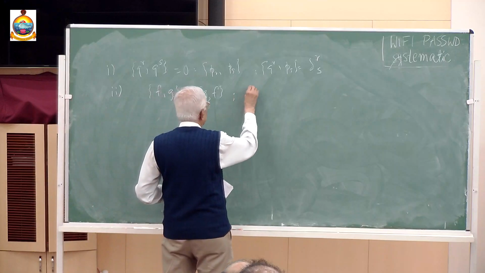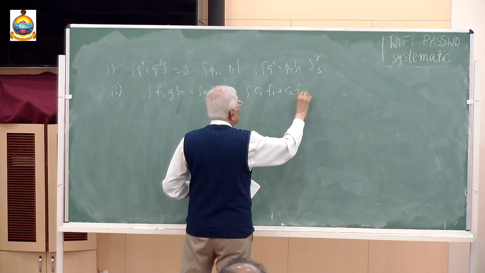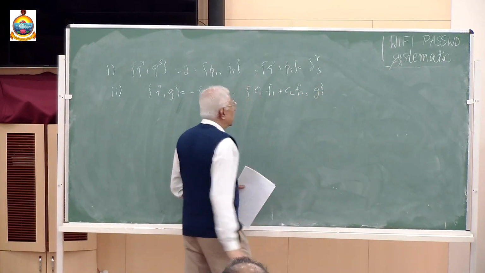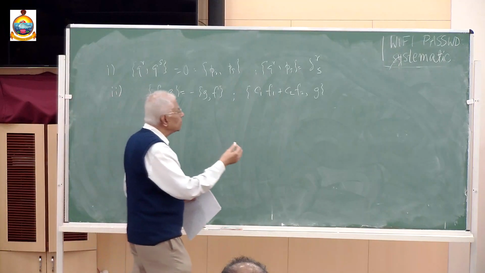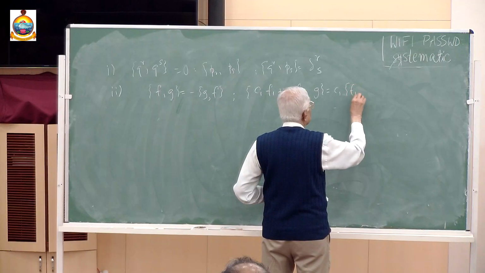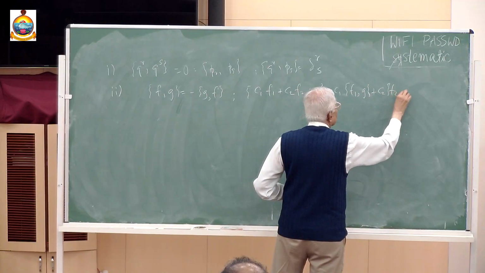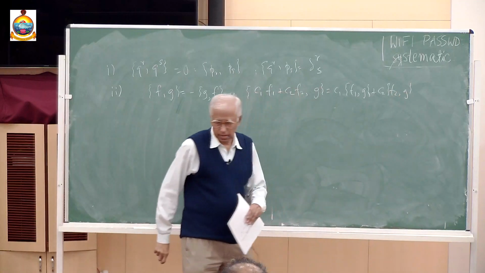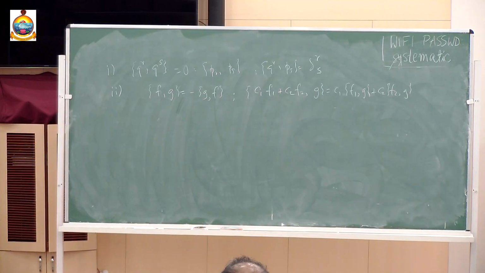So there is this antisymmetry property, and then there is a linearity property. If f1, f2 and g are three phase space functions, c1 and c2 are numerical constants, this is the way in which the Poisson bracket behaves.